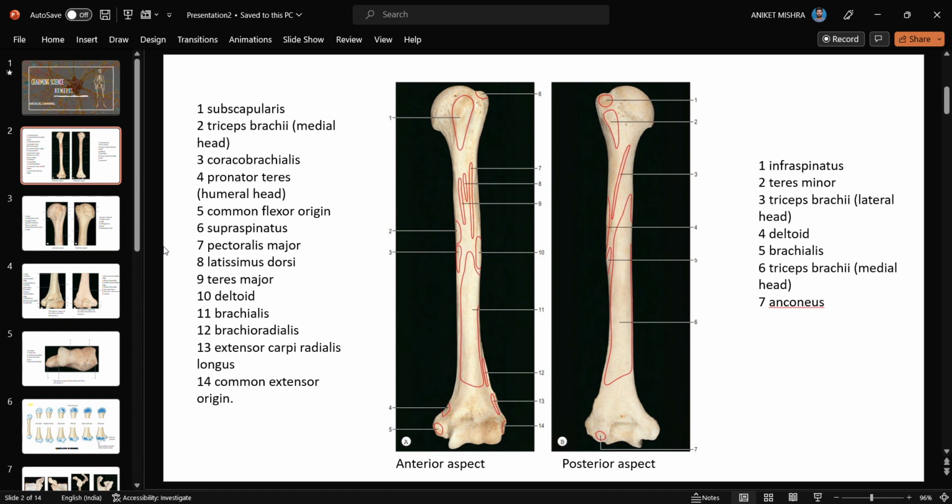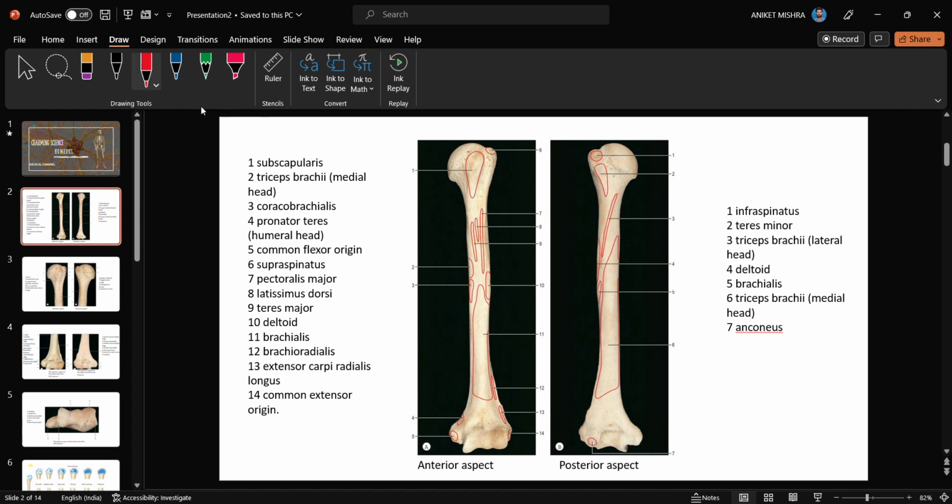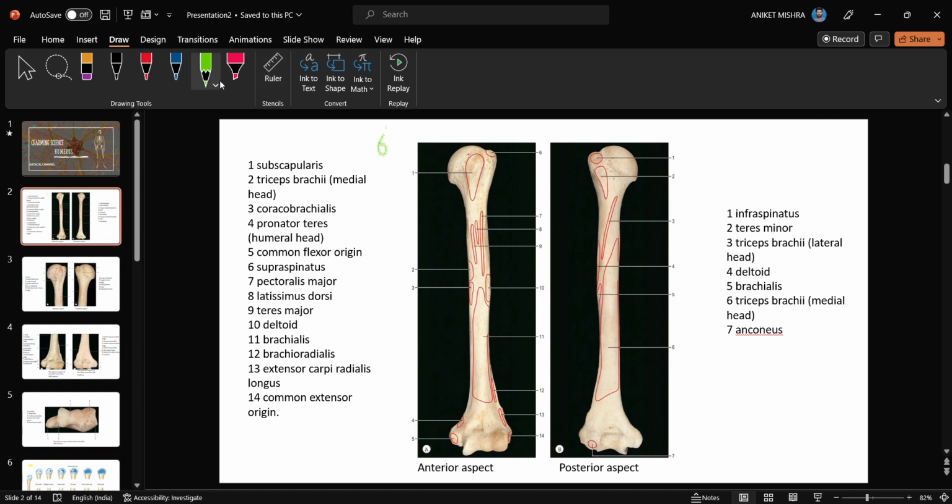When we talk about how we determine the side of it, when we look at the bone, we'll mark the upper end with a green color.